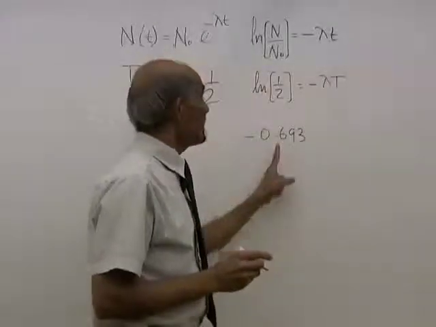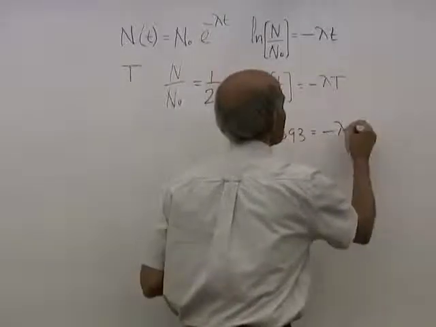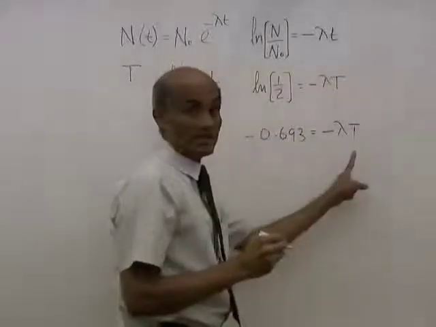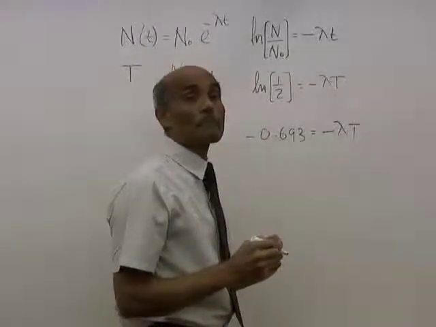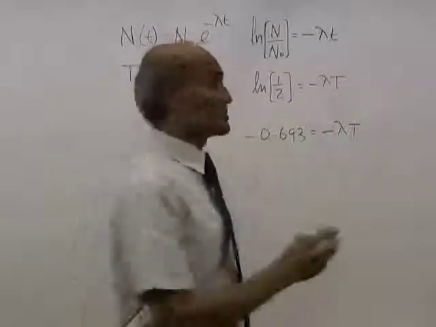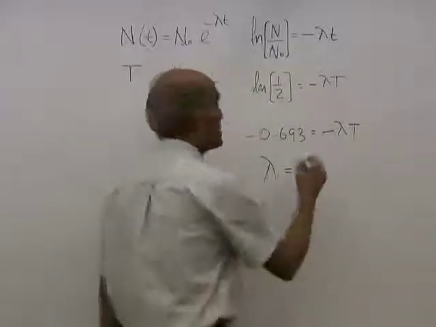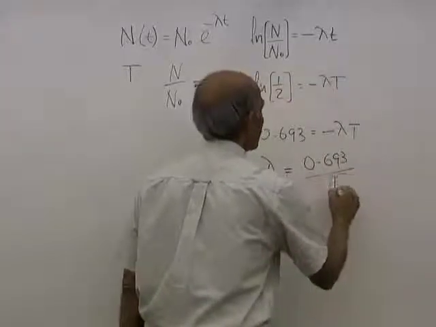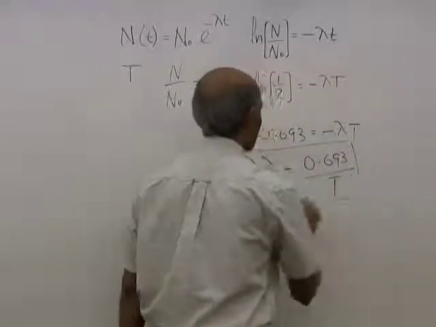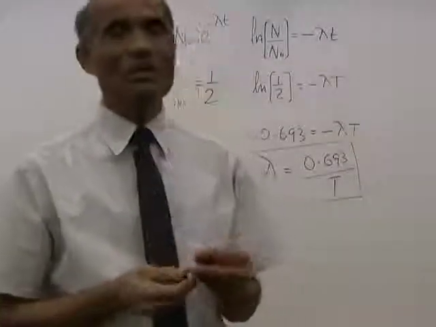So ln 1/2 is negative 0.693, and that is equal to negative lambda t, where t is the half-life period and lambda is the decay constant. So I can now write lambda, the decay constant, equal to 0.693 divided by the half-life period. A very important relation. We will use that as we go on.